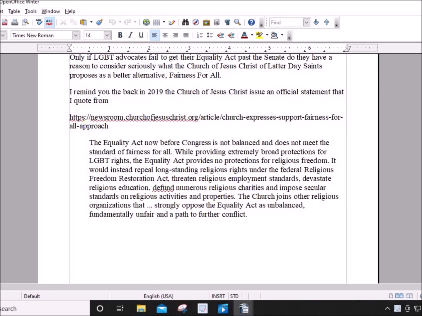Here is another point at which I could have stopped adding more content and sent my letter. At this point, I had shown why the Church opposes the Equality Act and that the Church proposes fairness for all instead. So I had provided a reason for my senator to do what I asked him to do. However, I chose to add more justification for opposing the Equality Act.